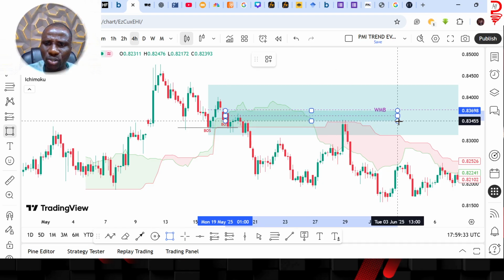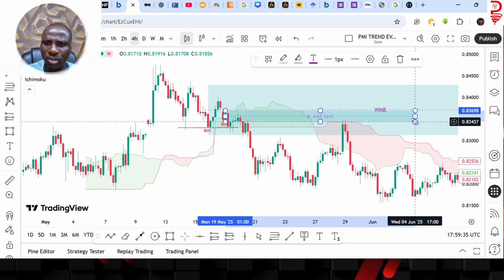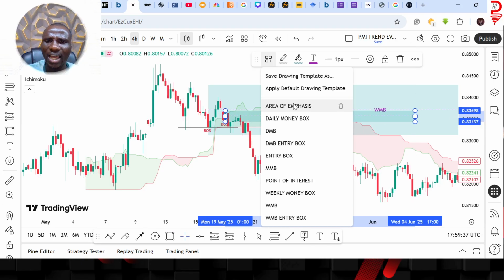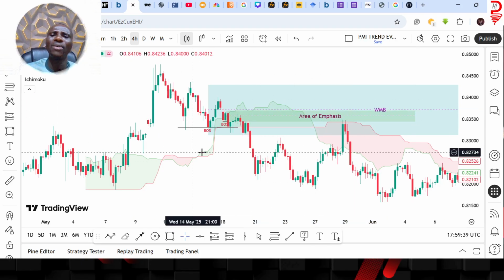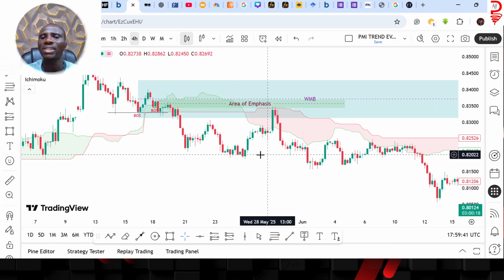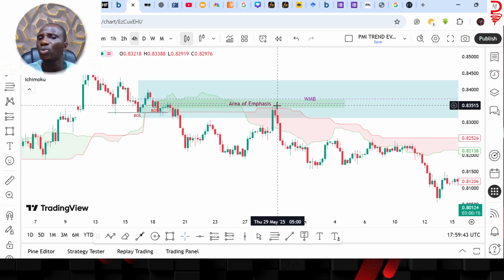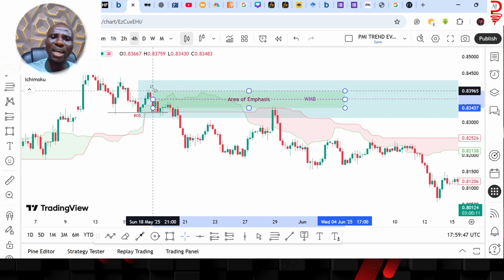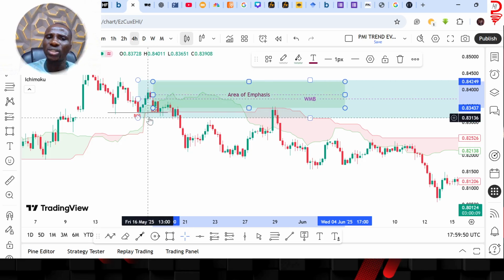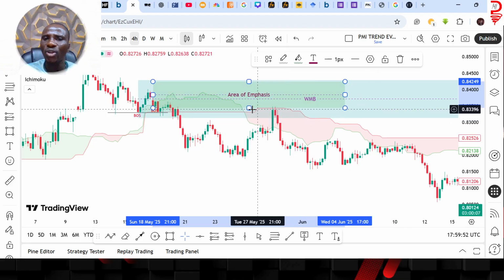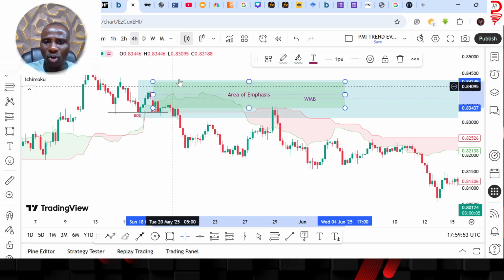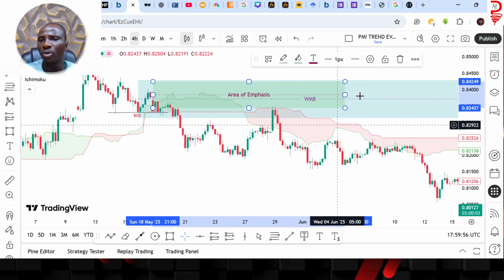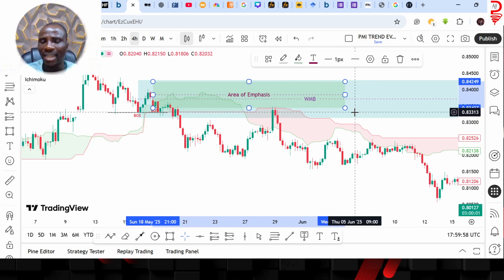So this forms your area of emphasis. Now, in most cases, if the market breaks into this area of emphasis and closes below it, we have to still include every other area below it within the money box. You get that now?